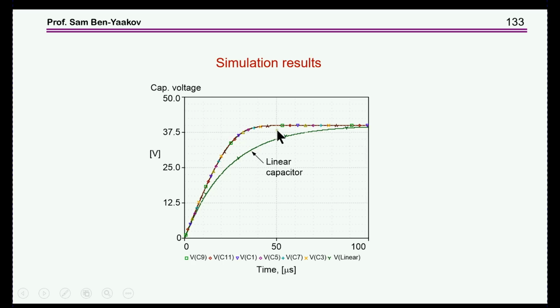This is similar, but you see that at the beginning they're the same, but as the voltage starts to develop on the capacitor, it's decreasing the capacitance. So it's speeding up the rise time. This is why this rise time is faster with the nonlinear capacitor than with the linear capacitor. And this is a time domain simulation, and we see that we get the same result with all these models.